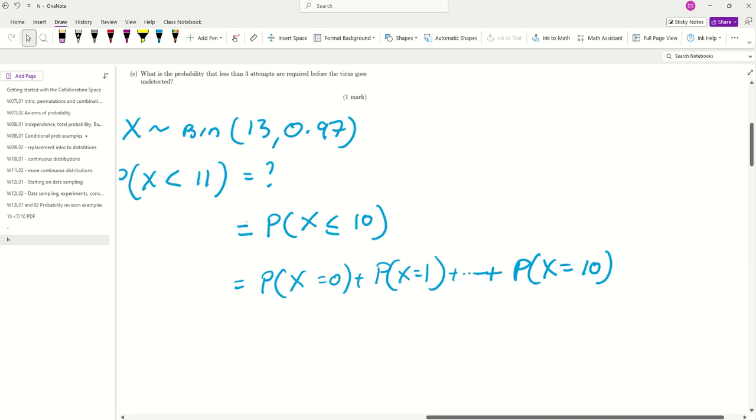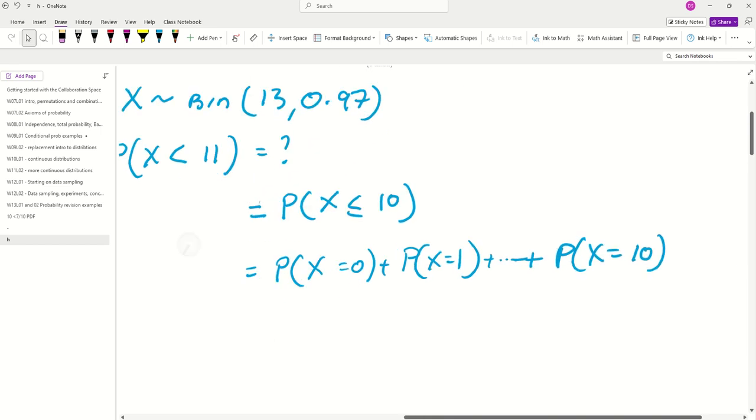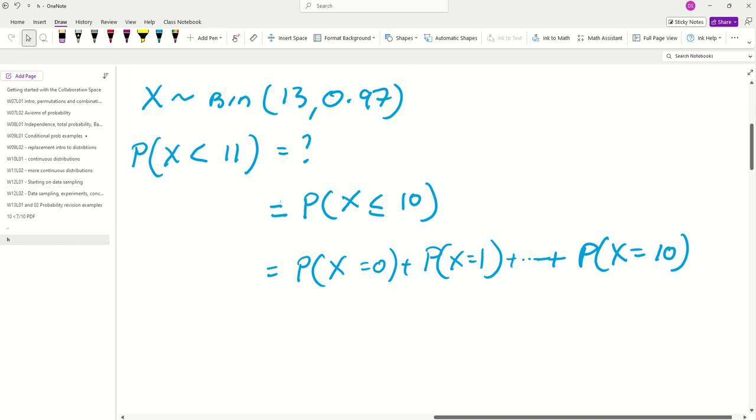That's an expression to calculate. You can go ahead and evaluate these things from the binomial distribution, but it's a lot of summing, right? There's a lot of evaluations of the binomial distribution that you have to make, and thus it is prone to errors, especially if you're using a hand calculator.